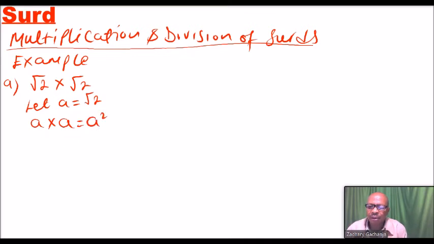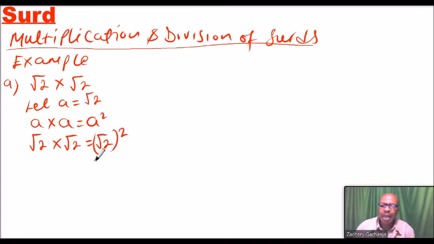Therefore, root 2 multiplied by root 2 is equal to (root 2) squared. When you square the root, you get the number under the root, that is 2. So this is how you multiply.